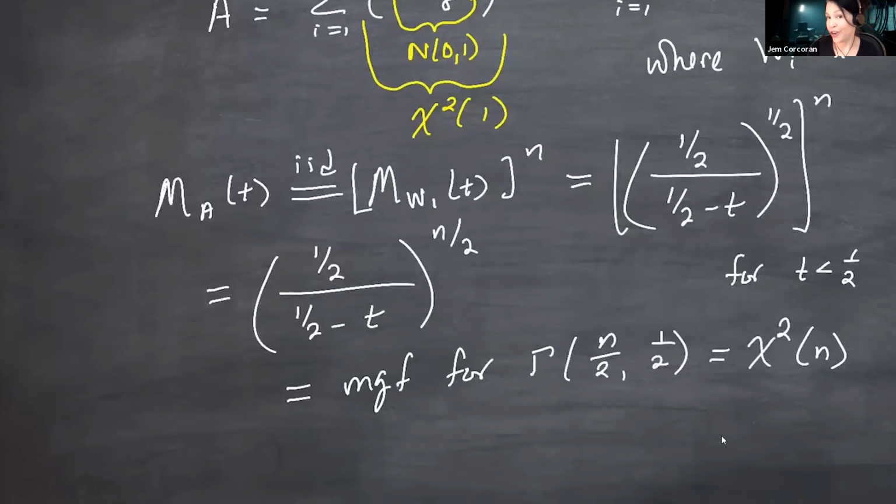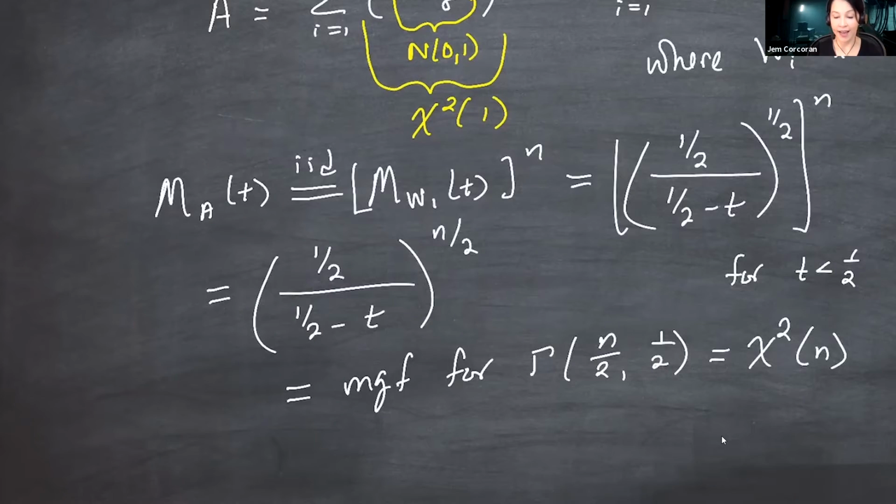So what we have just shown is if we add up n independent chi-squared 1s, we get a chi-squared n. And we could just as easily have shown that if we add up independent chi-squareds with different degrees of freedom, we'll still get a chi-squared, and the degrees of freedom of that will be the sum of all the individual degrees of freedom.